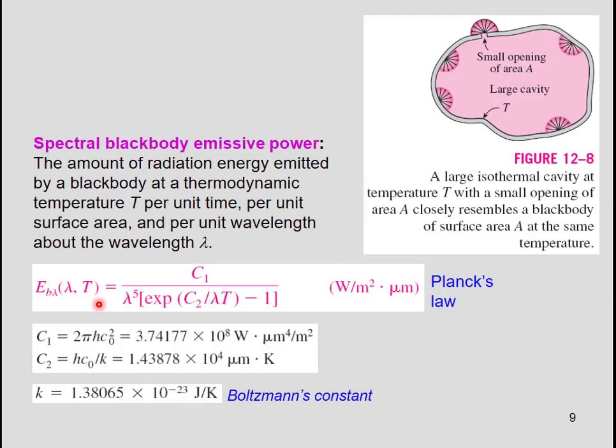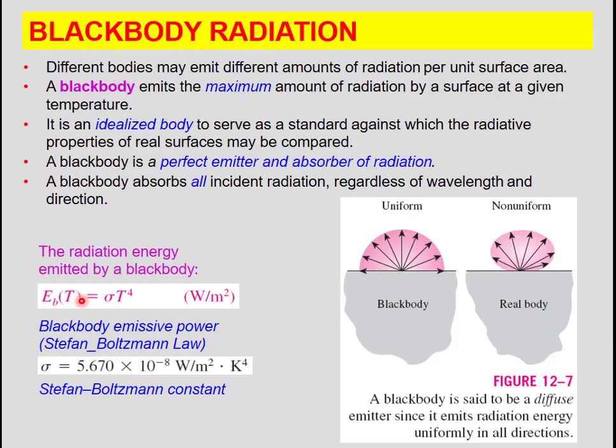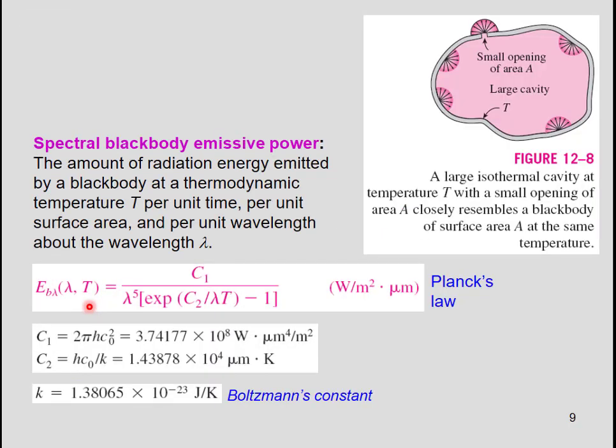So here we have added this lambda, which is the wavelength of the electromagnetic wave which we are interested to know its radiation energy, like what we had here, but here for different lambda or wavelengths.